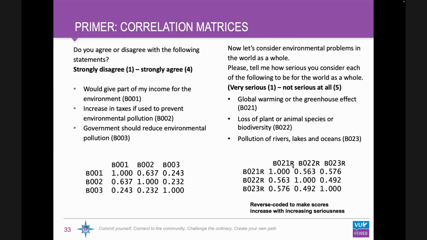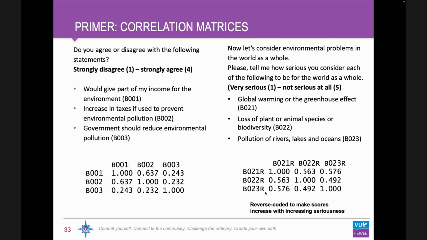So we also want certain items, for instance this item, to not be very highly correlated with the items here, because otherwise there is an ambiguity about whether this item is related to this construct of environmental problems in the world, or is it about the willingness to pay? Do we intend to measure what we want to measure? So we will look at that with convergent and discriminant validity.